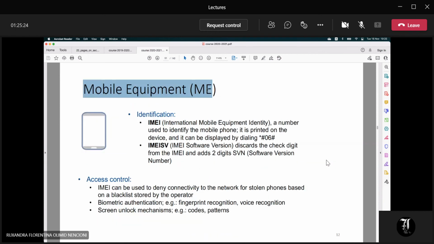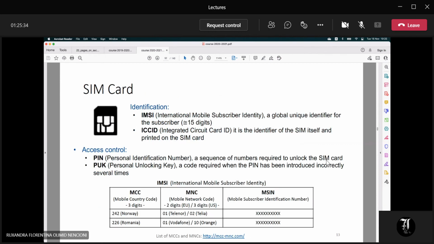Then we have the mobile equipment. We said we have this IMEI that is the ID of the device. There's another one, less important, with the software version as well. We have the SIM card. I was saying with this IMSI that it's the identifier, that it's important, and that in 5G it's called SUPI, but it basically has the same role.